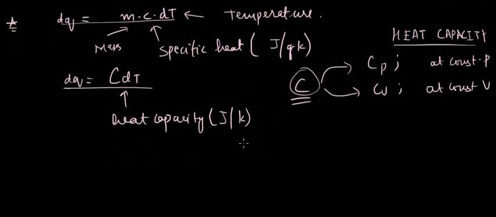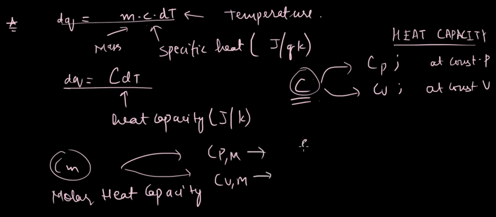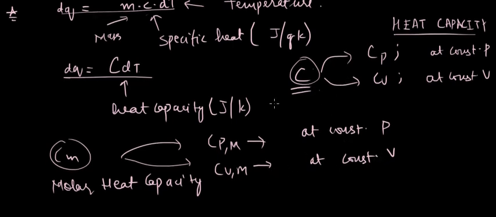Similarly, Cm is molar heat capacity, and molar heat capacity can again be subcategorized into Cpm and Cvm. Cpm is molar heat capacity at constant pressure, and Cvm is molar heat capacity at constant volume. The unit of C is joule per Kelvin, and for Cm it is joule per mole Kelvin.